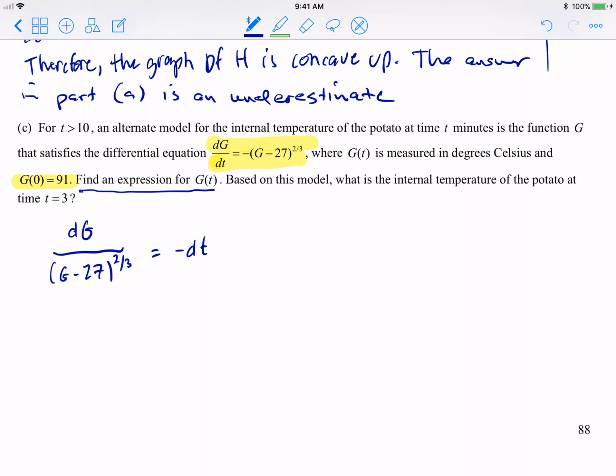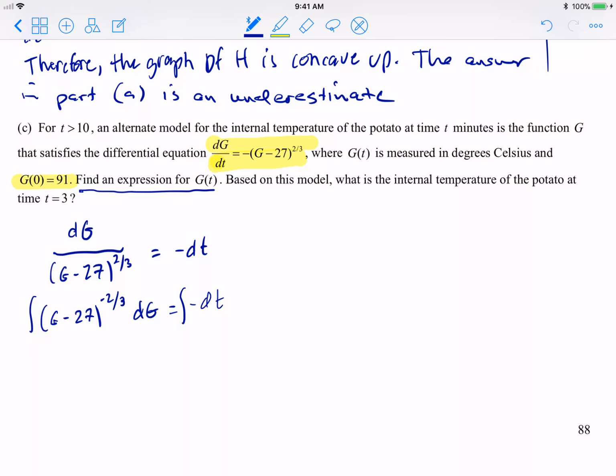Now I have all my g's on the left and all my t's on the right. Before I take the antiderivative, I'm going to rewrite the left-hand side as (g minus 27) to the negative 2/3 dg equals negative dt.